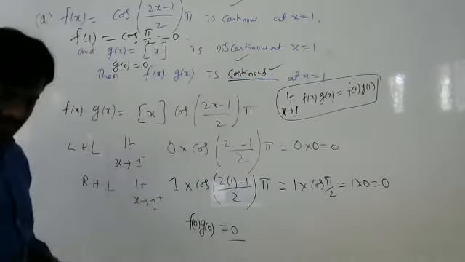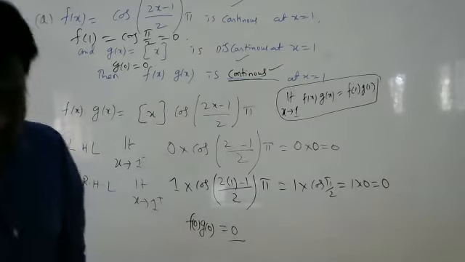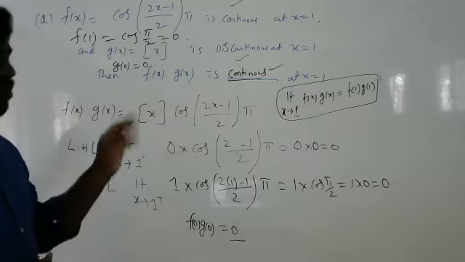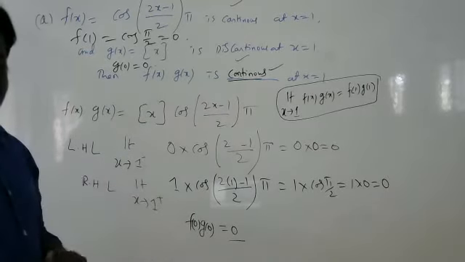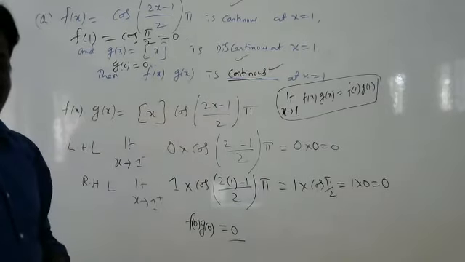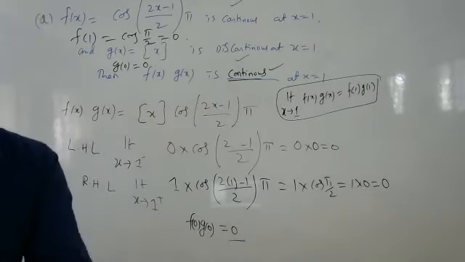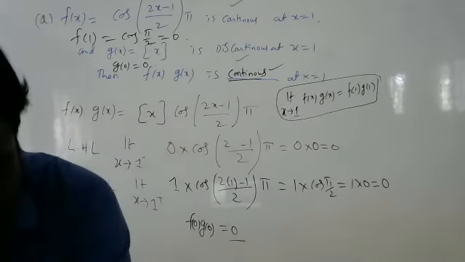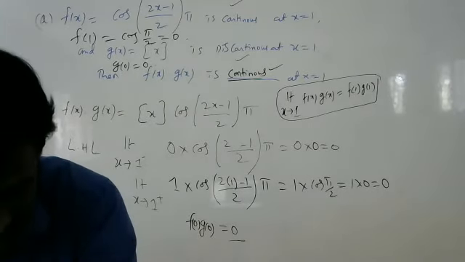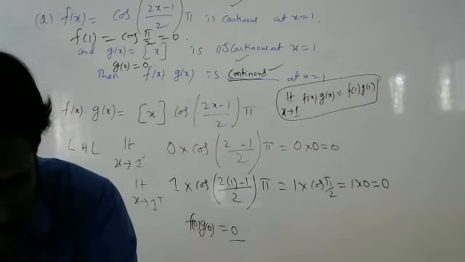They can ask this with options: it is continuous, it is discontinuous, removable discontinuity, jump discontinuity. The options can be made in any way. So this is the way you have to solve. The fundamental theorems are useful for this. But it was directly given, so you are lucky. If it is not given directly, you have to solve it.